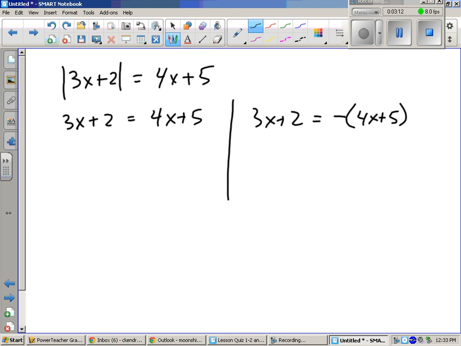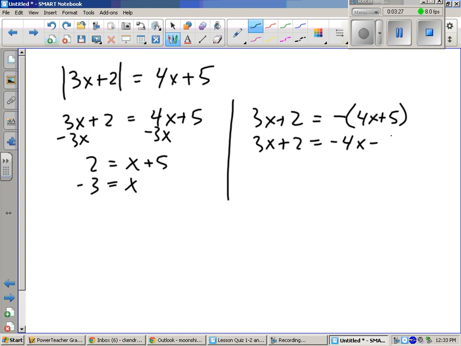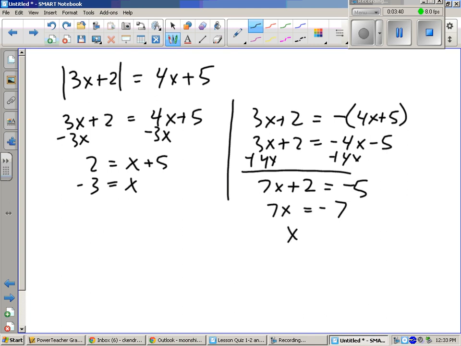So I'm going to treat this the same as I normally would. So 2 equals x plus 5. So x is -3. And then over here, I have to distribute that negative and then add 4x to both sides. So I have 7x plus 2 equals -5. I want to subtract 2, so I get -7. And that would mean x is -1.